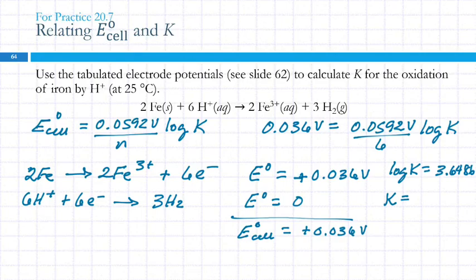So K equals 10 to that, or 4452. So that's probably going to be 4.4 times 10 to the 3. Any questions?